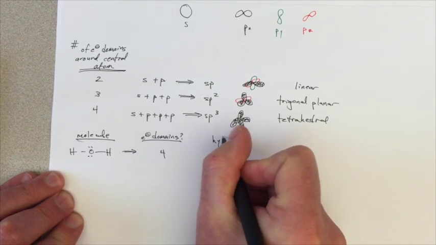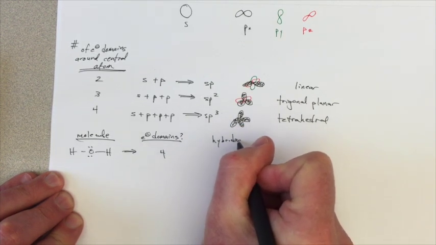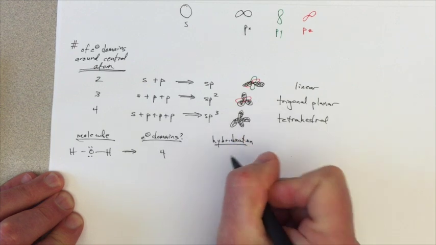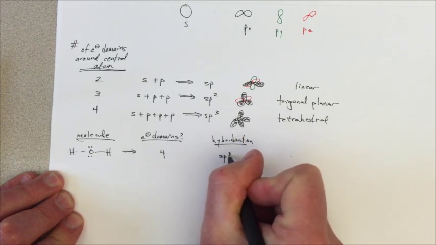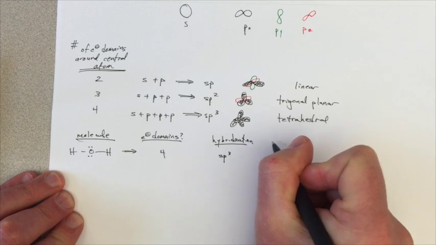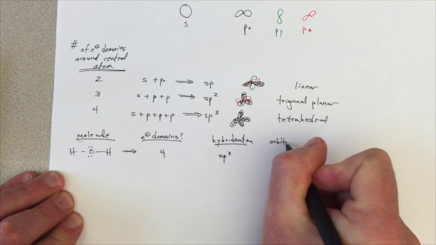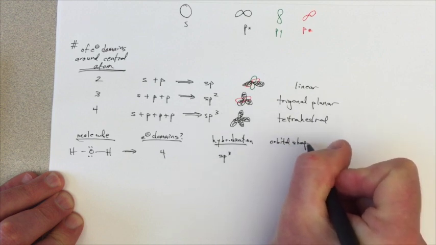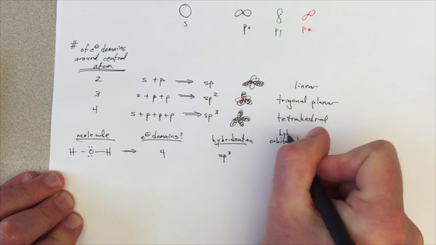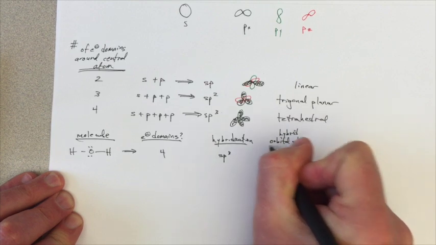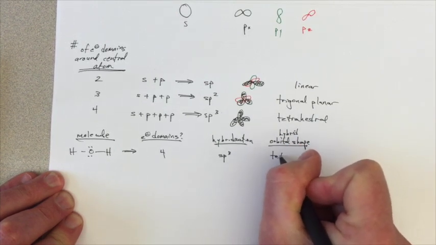The hybridization, therefore, for this would be sp3. The orbital shape, and again we should probably call this hybrid orbital shape, would then be a tetrahedral.